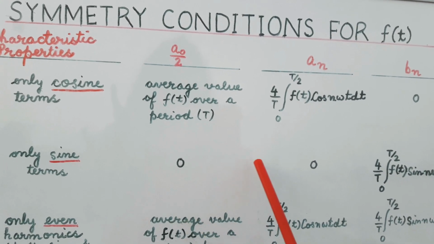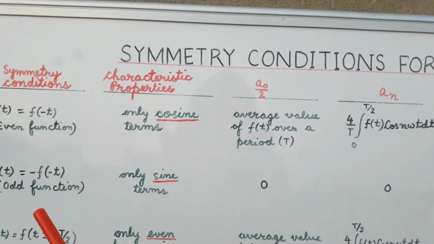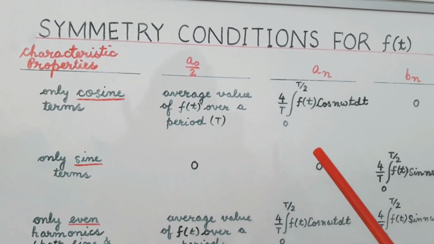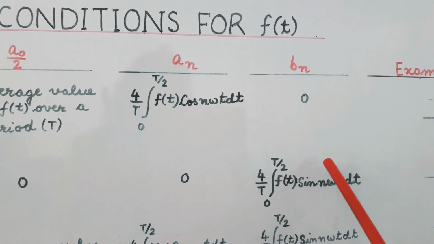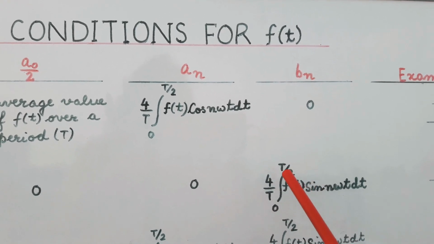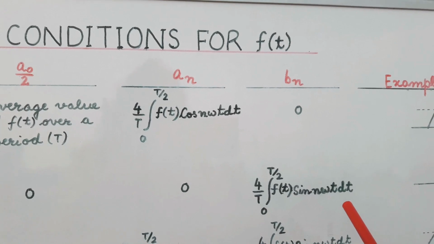So, if the function is an odd function, we will substitute these two values equal to 0 and we will find only the value of the Fourier coefficient bn using this formula, that is bn is equal to 4 by T integration 0 to T by 2 of f(t) sin n omega t dt.